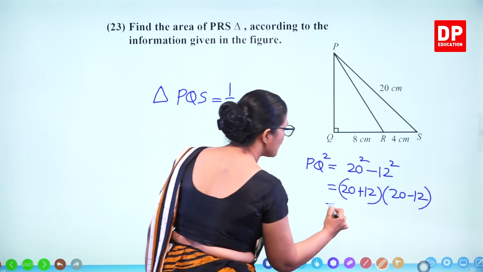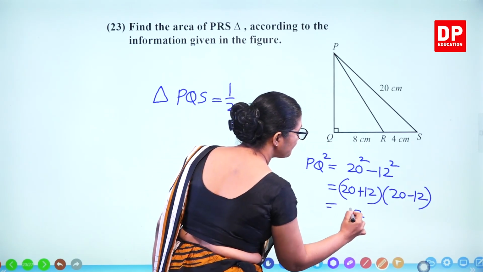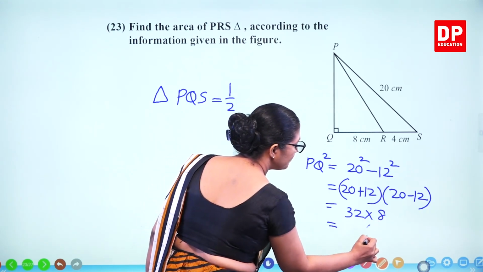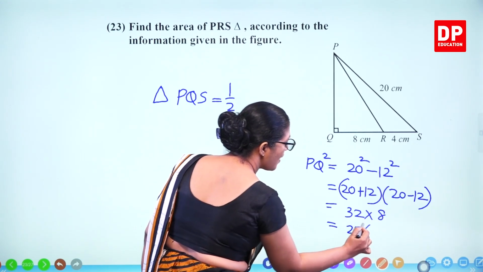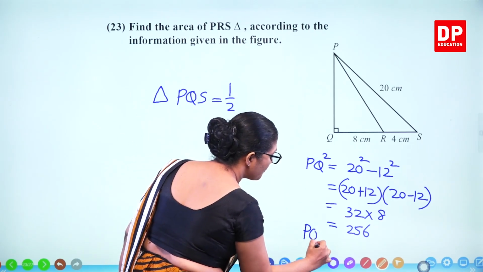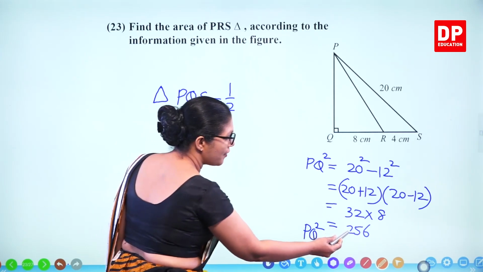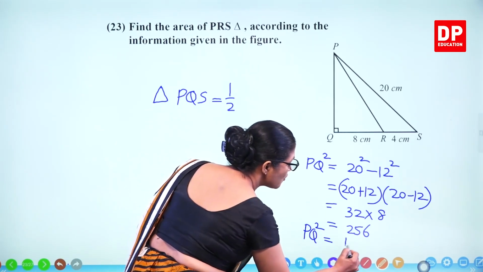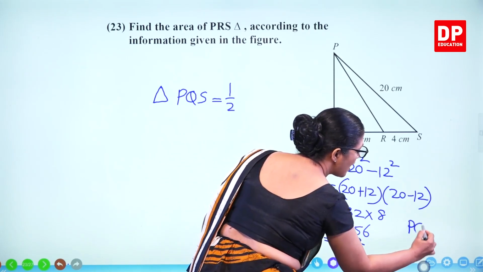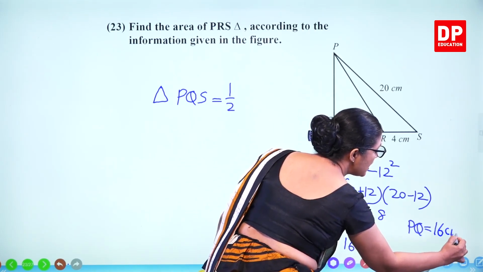We'll apply the difference between two square terms. 32 into 8. 256 is what? 16 squared. So what is PQ? PQ becomes 16 centimeters.